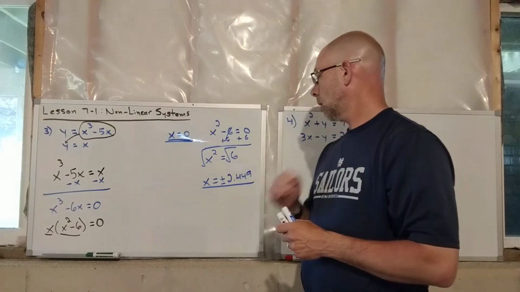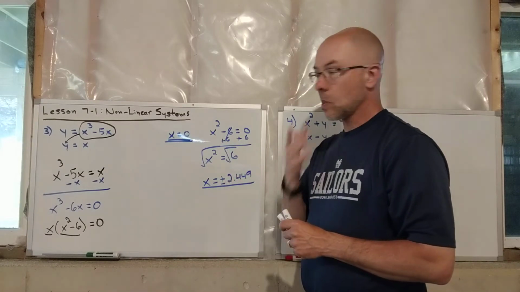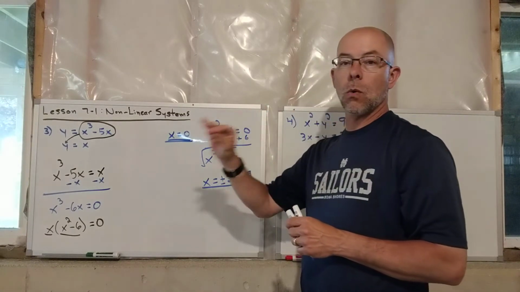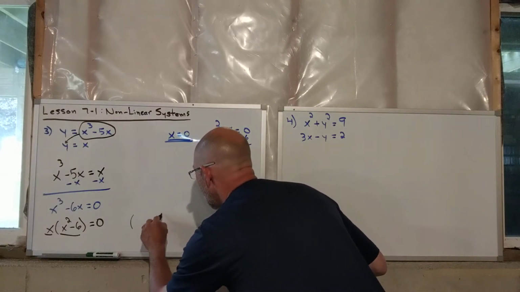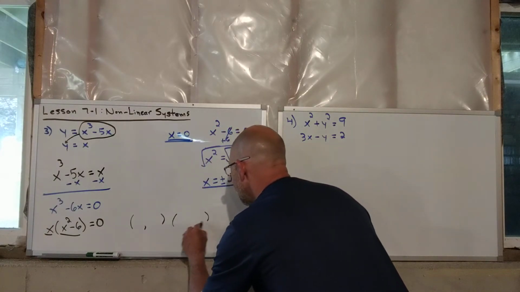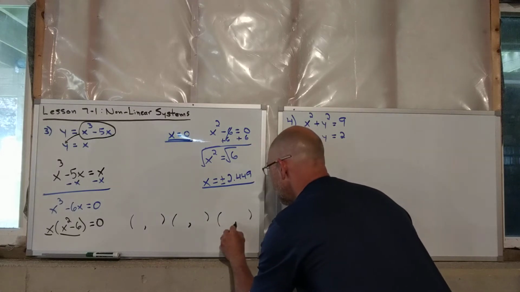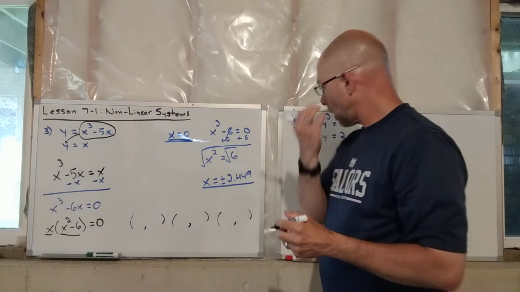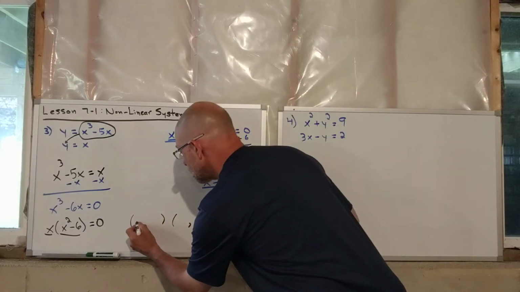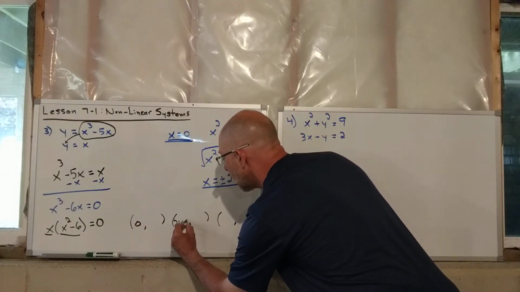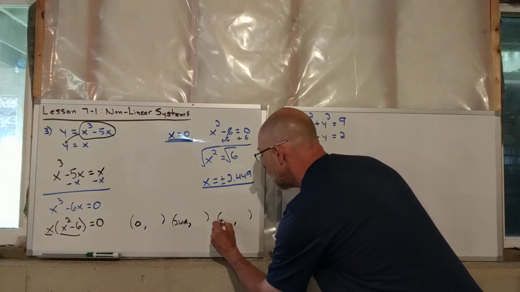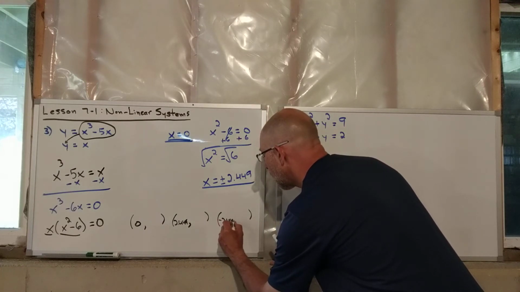Now, we actually have 3 x's, which means we're going to have 3 ordered pairs. One x is going to be 0, one's going to be 2.449, and the other is going to be negative 2.449.